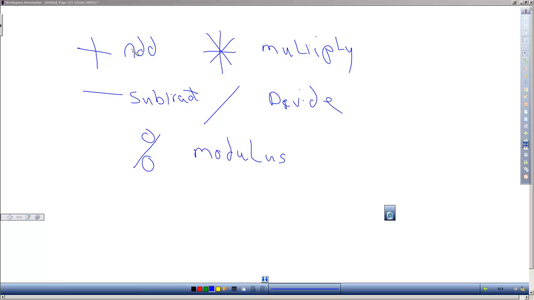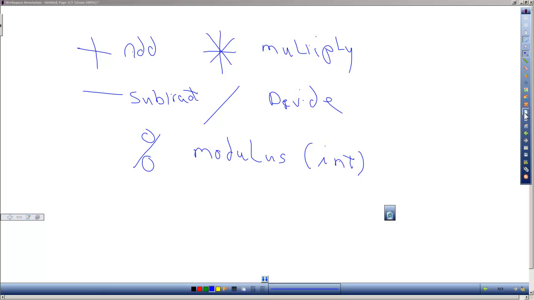The modulus only works with integers, data of int type. What it does is an integer division, but instead of returning the result of that division, it returns the remainder. So if we were to take two integer values and divide them, we would get a number with a possible remainder. We'll look at that in just a minute.